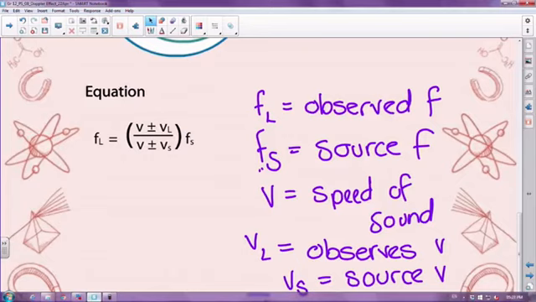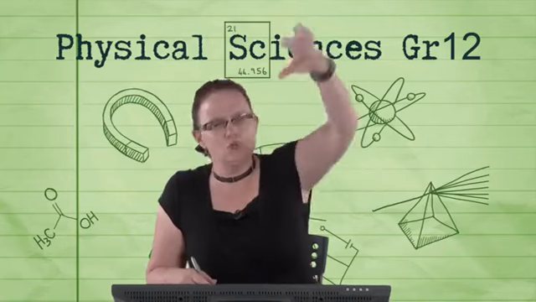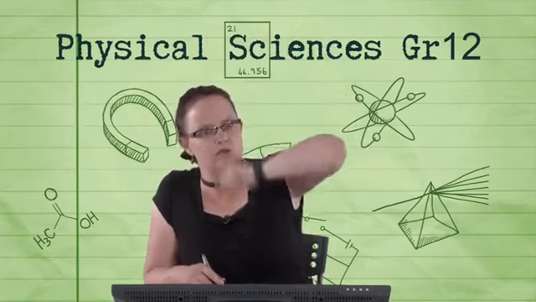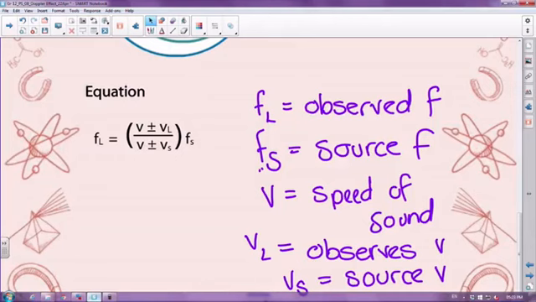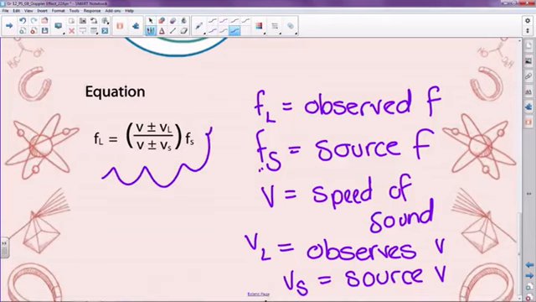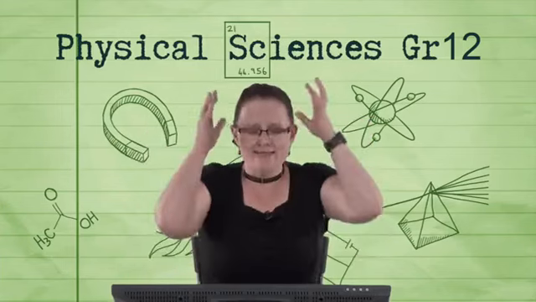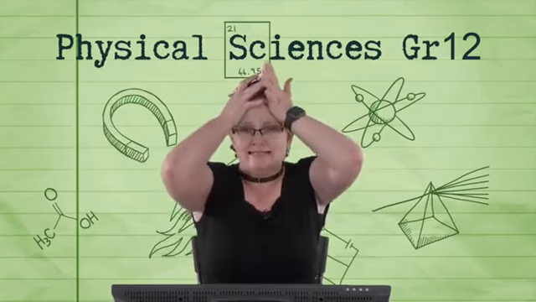I think that's the best place to put it, because to do it now might just confuse you a little bit, but you've got to remember that coming towards each other, increased frequency, going away from each other, decreased frequency. The nice thing is this is given to you, and you always start from there. I know mathematically it's incorrect for those of you that are very strong mathematically, and you go, no, I can't write an equation with pluses and minuses in.